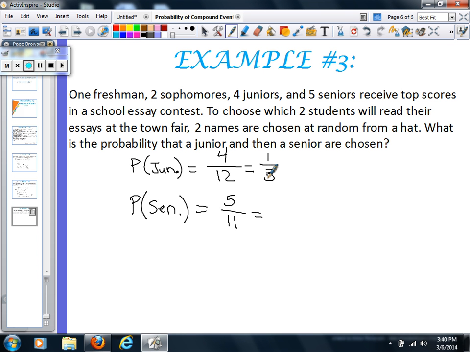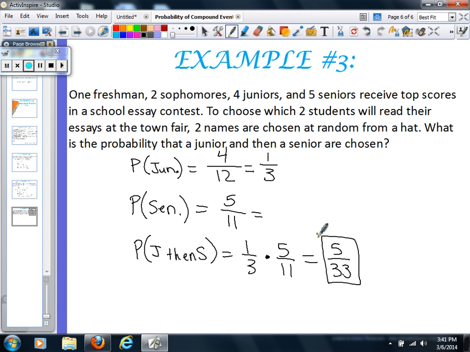Now, we're going to do the probability of A. Okay, so we're going to do the probability of J then S, is the probability of A, which is the junior, so that's 1/3, times the probability of getting a senior after I took out A, so that's 5 over 11, which is going to be 5 over 33.